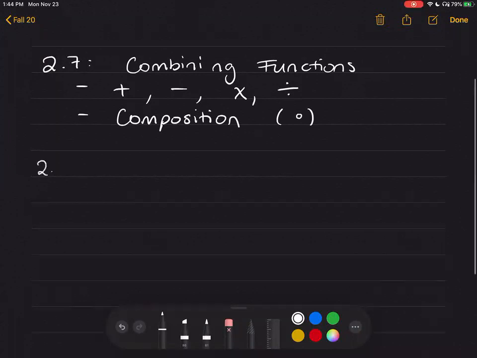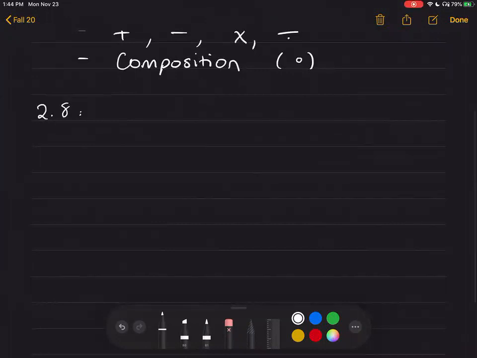Okay, then section 2.8, that was on one-to-one functions and their inverses.